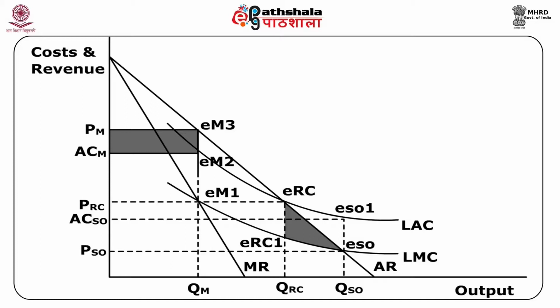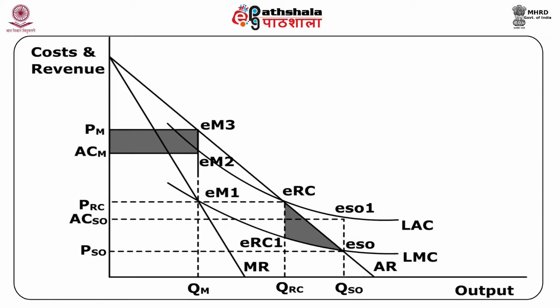PS0. This implies that the public utility would be incurring losses equal to the rectangular region ACS0, PS0, ES0, ES01.